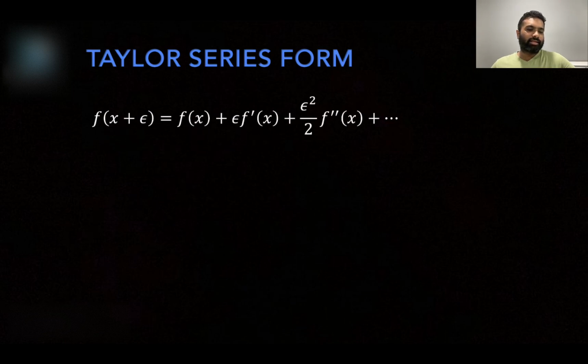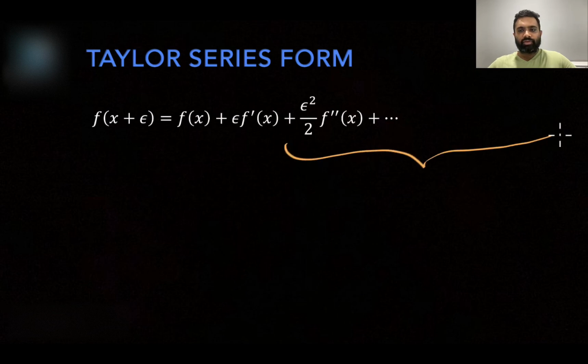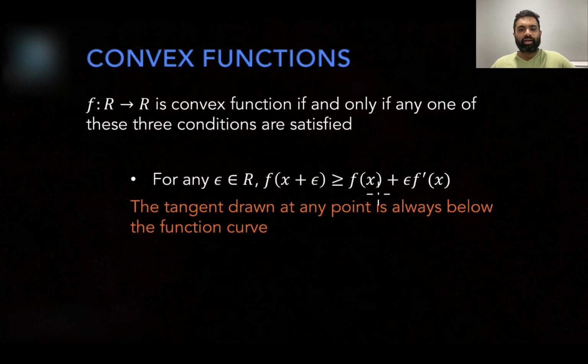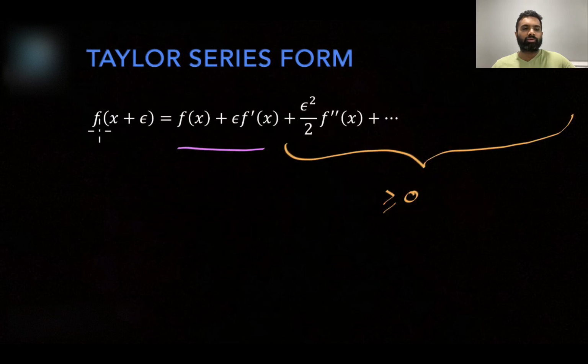So that means the LHS will always be greater or equal to the first two terms. So that says that the terms of degree 2 and more, the sum of these terms will always be greater or equal to 0. So this is a property of the convex function. Please note that this particular term that I have indicated using the pink color is exactly the RHS of this particular property, and the LHS is the same as the LHS of this function.